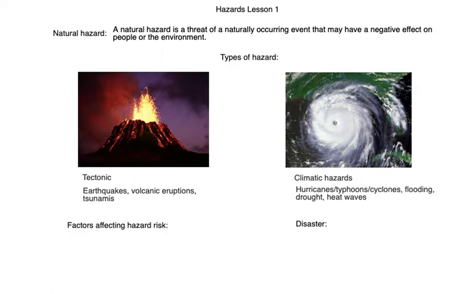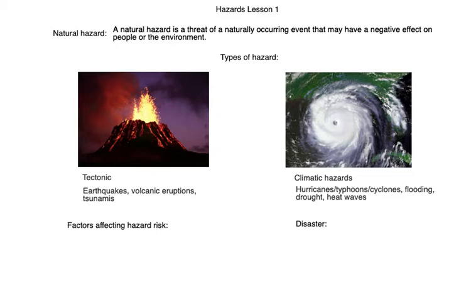There are also a few other types of hazards, such as biological hazards, that include things like diseases, epidemics, pandemics, like COVID-19. And then there are also human-induced hazards, so hazards caused by human activity.